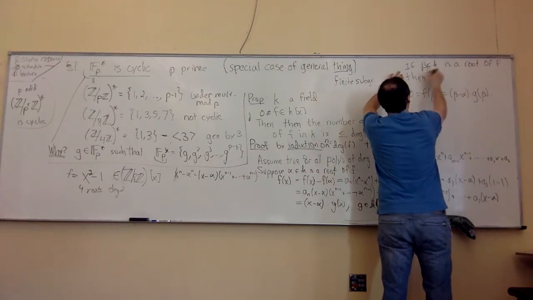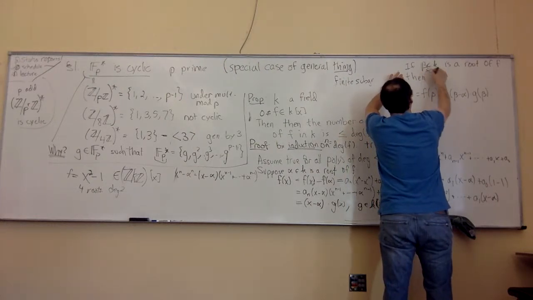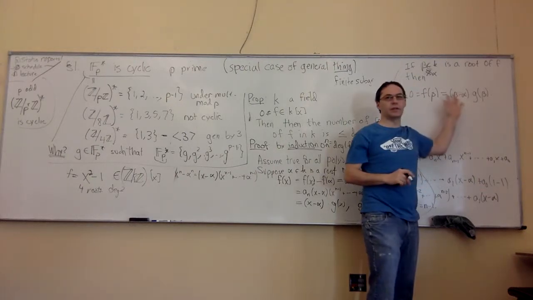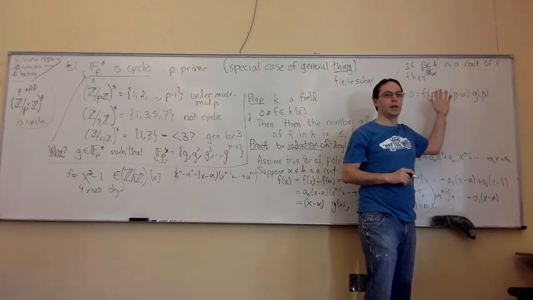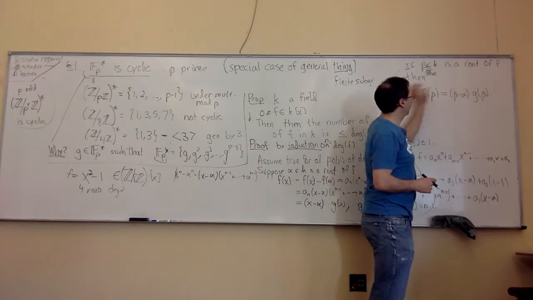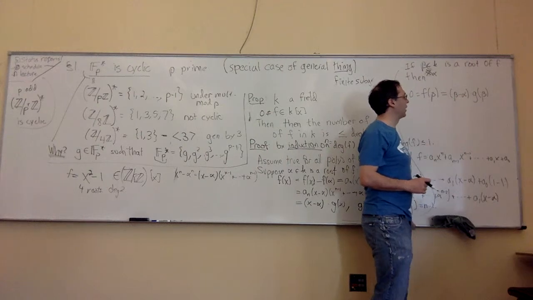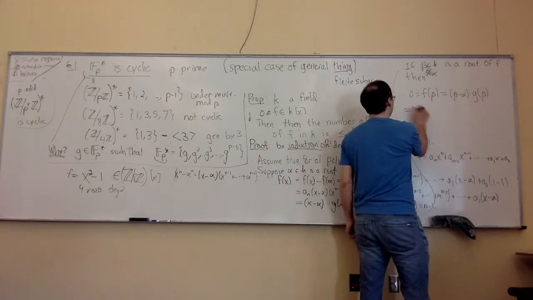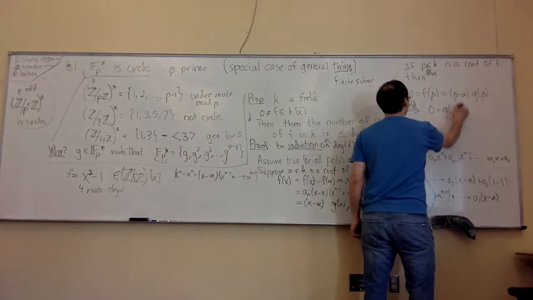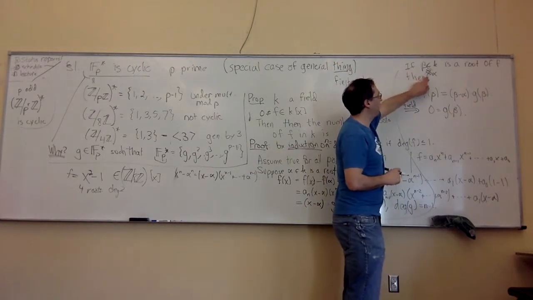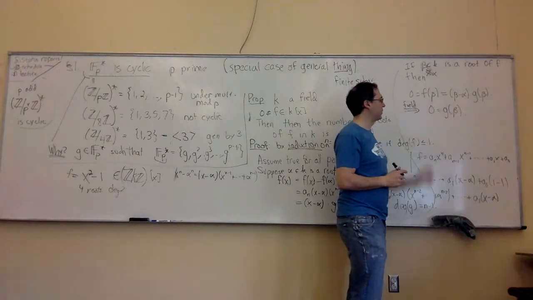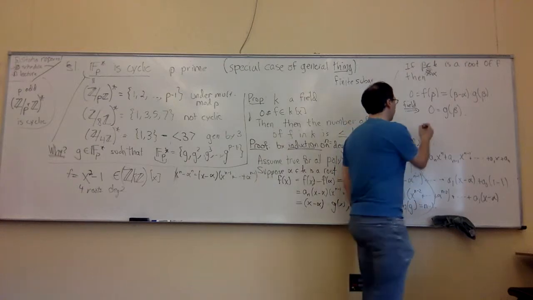Let's say that β is not equal to α, so it's some other root besides α. Then β − α is a non-zero number in our field. In a field, every non-zero number has an inverse. And so you could multiply both sides through by the inverse of β − α, because we're in a field. You get that 0 equals g(β). Okay? So if β is not equal to α, β is a root of g, and this uses that we're in a field, and g has at most n − 1 roots.